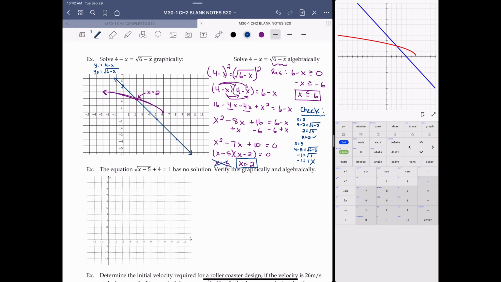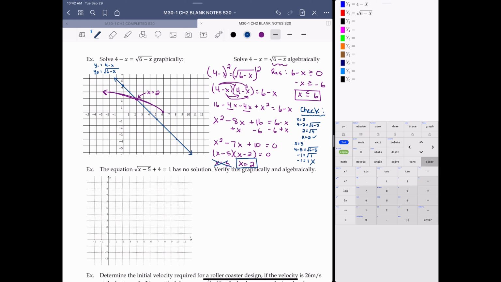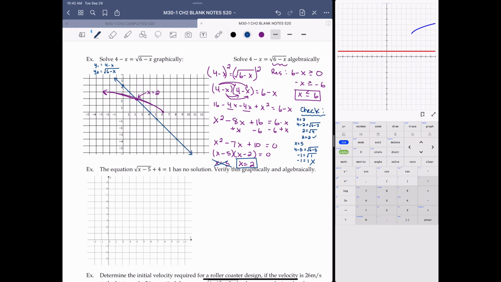I'm going to graph two different functions, clear and clear. It doesn't matter which way you do, you get the same result. We have square root of x minus 5, and then outside the root is plus 4, and then we just have 1 as our second graph.